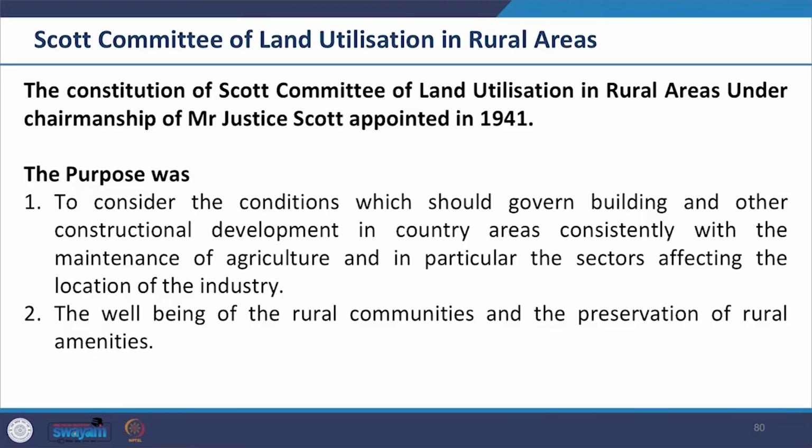The purpose was to consider the conditions which should govern buildings and other constructional development in country areas, country meaning the rural areas, consistent with the maintenance of agriculture and in particular the sectors affecting the location of the industries. Further, the purpose included taking care of the well-being of the rural communities and the preservation of the rural amenities.